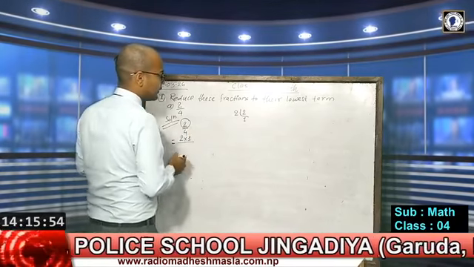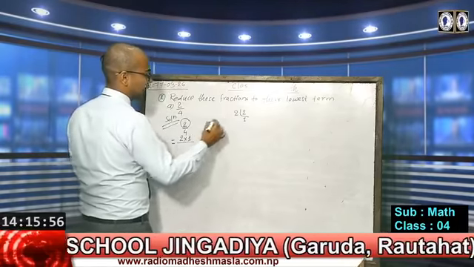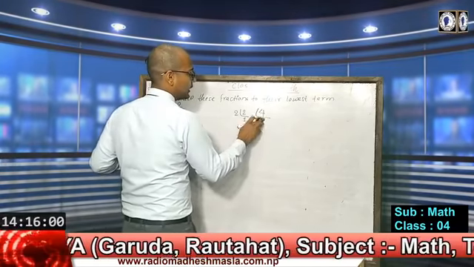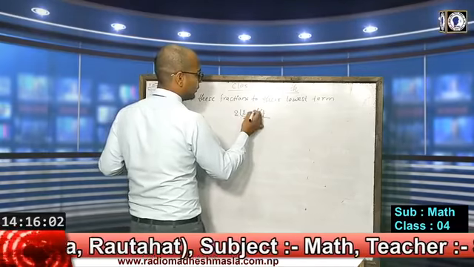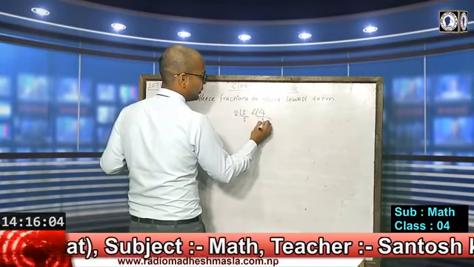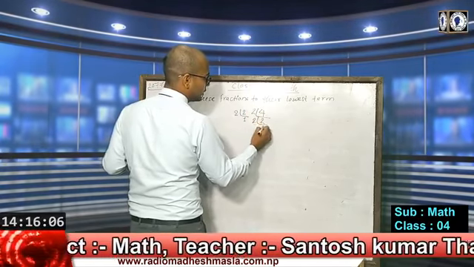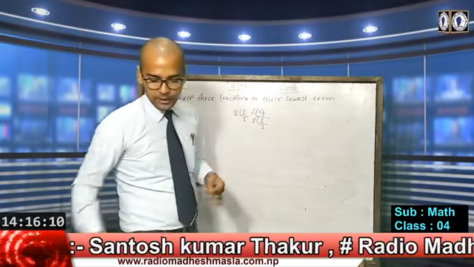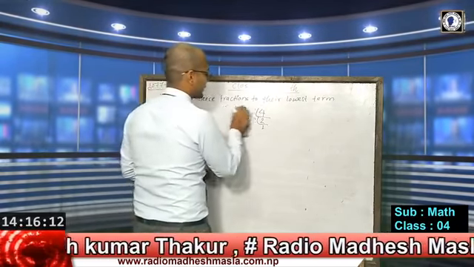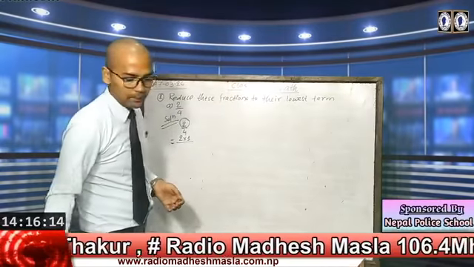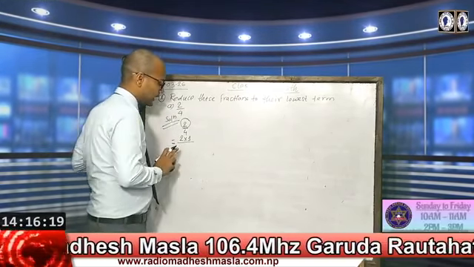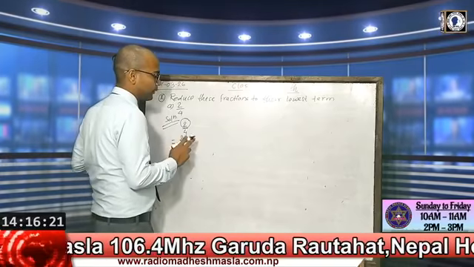After the prime factorization of 2, we have 4. In 4 also we take out the factors: 2 twos are 4. Whenever we leave the numbers, they should be prime numbers. 2 is already a prime number, so we multiply 2 by 1.